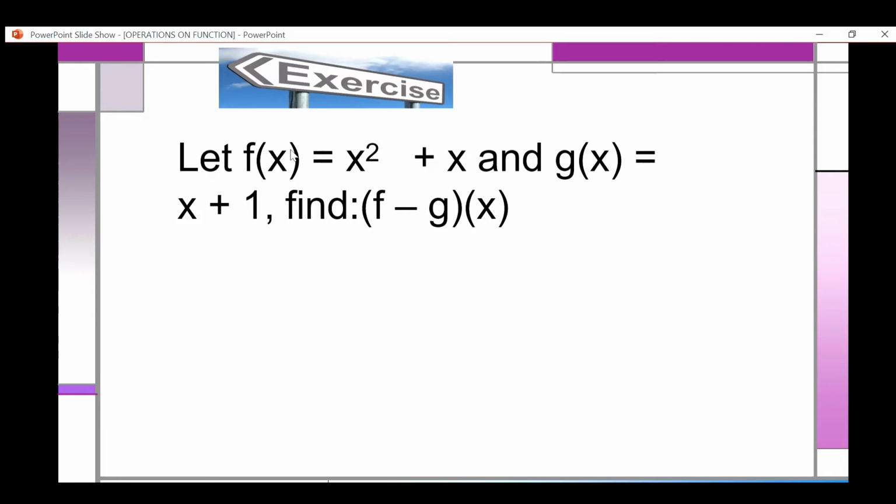Let f of x be equal to x squared plus x and g of x is x plus 1. Find f minus g of x. Ayan. So, answer it in your notebook or on paper. Then pause the video. Then I will reveal the answer later.